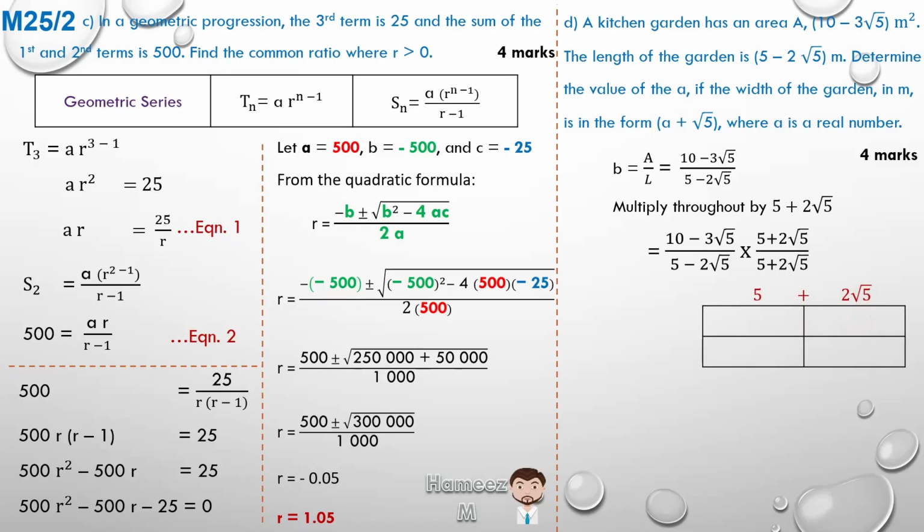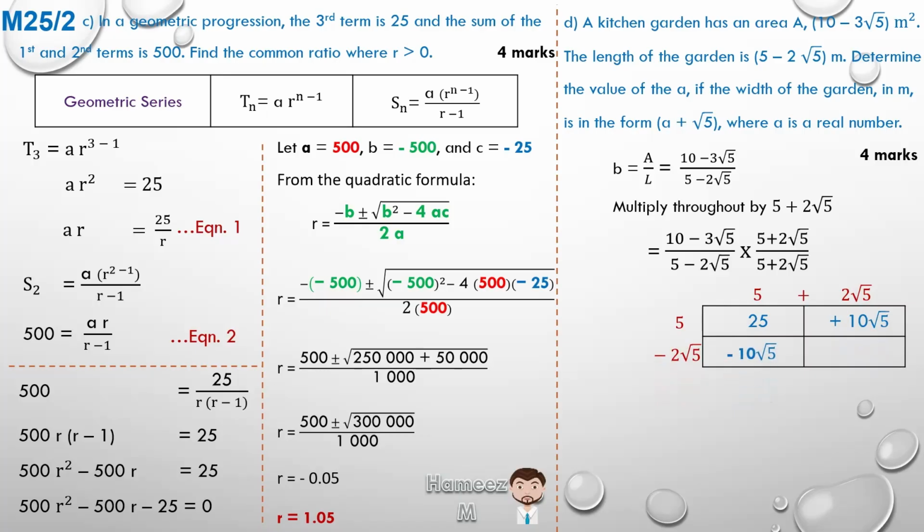Many of your teachers would have done it this way, or use FOIL. Multiply 5 plus 2 root 5 by 5 minus 2 root 5. The first term by the first term, 5 5s are 25. First term by the second term, 5 times 2 root 5 is 10 root 5. Then 5 times minus 2 root 5 is minus 10 root 5.